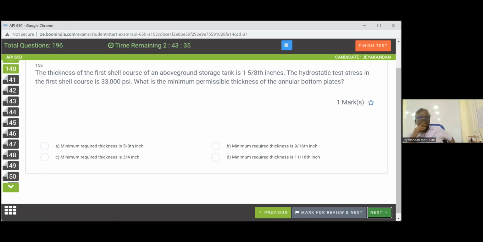5/8 inch. Table of annular plate bottom thickness, Table 5.1b. You have to refer to the table and answer it. Try this.